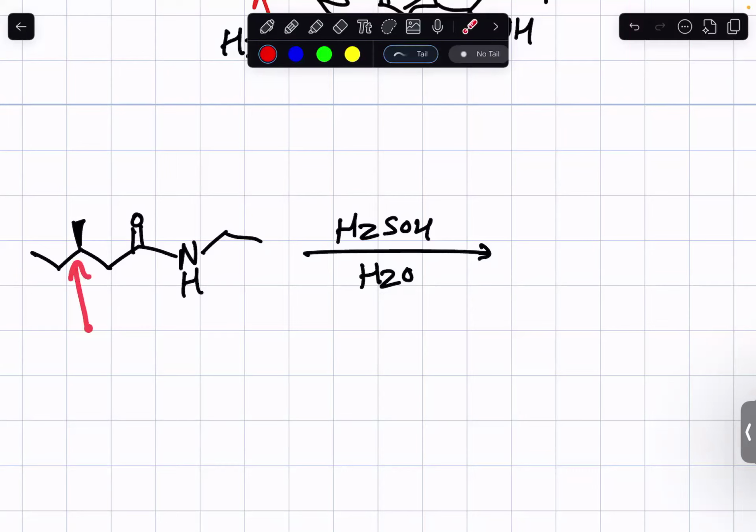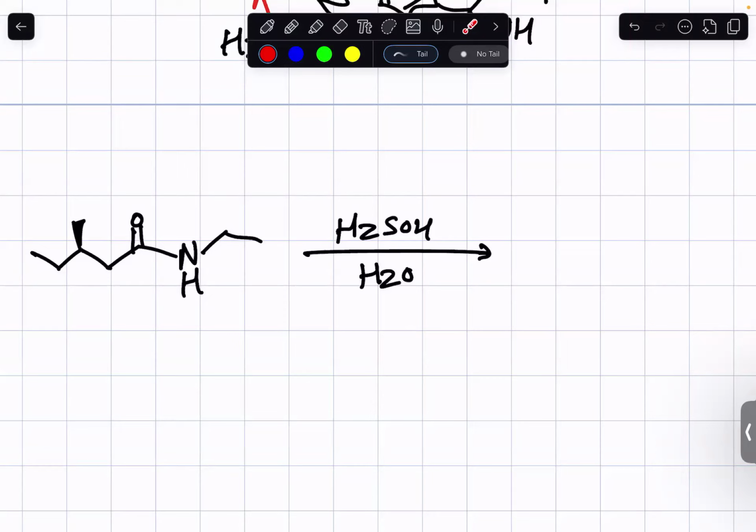If nothing touches this carbon, it stays untouched. If something touches that carbon, it depends on the reaction. If it's SN2, it inverts stereochemistry. If it's SN1, where you form a carbocation, then it would be randomized, racemized. It might just be there for decoration if it's not going to be touched in the mechanism.